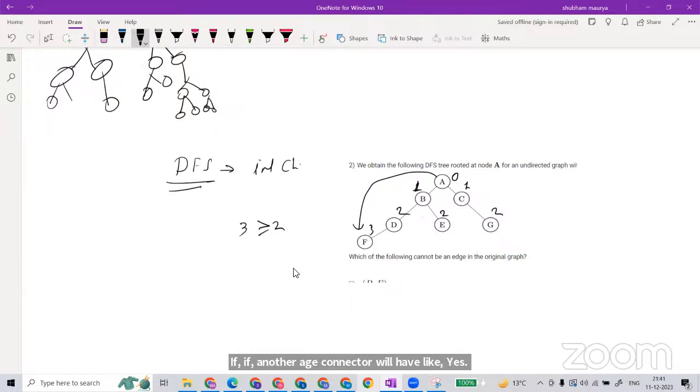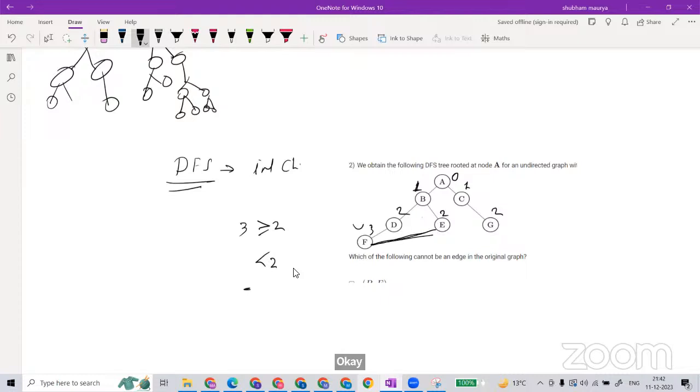So if level difference is 2 or more, then there will not be any edge. If level difference is less than 2, either it could be of the same level or the level difference is 1. As here, the level difference between E and F is 1. So in that case, there is a possibility in BFS that could be an edge.